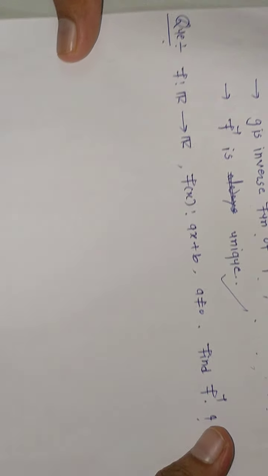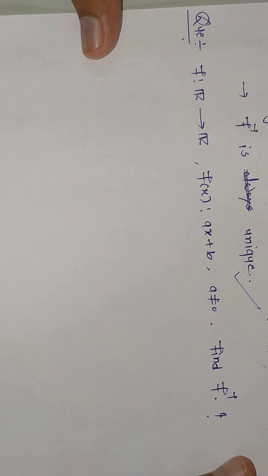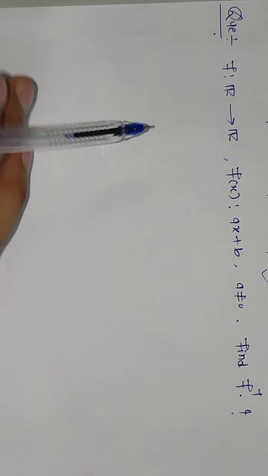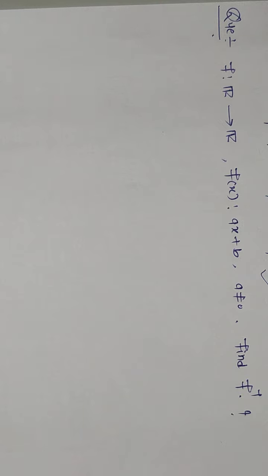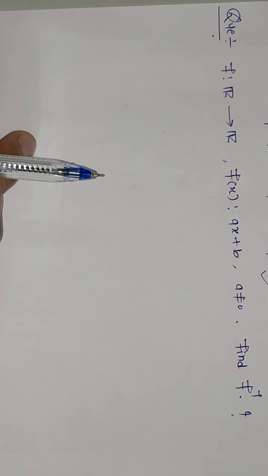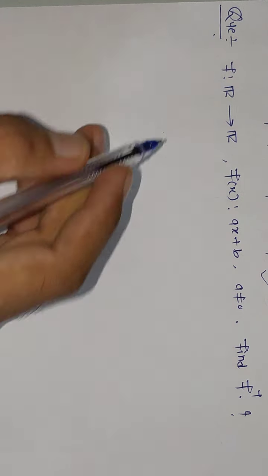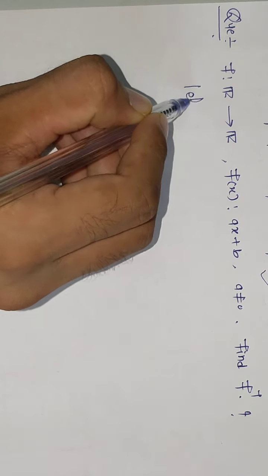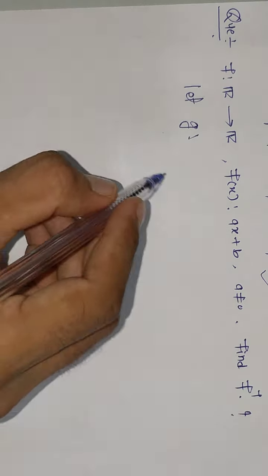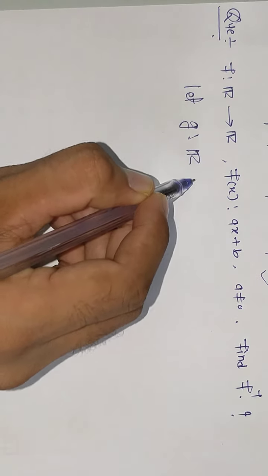Okay, now the question is how we find the inverse of a function. To find the inverse of a function, the function must be one-one and onto, but we are approaching it through the definition that f∘g and g∘f must be identity. So let g be from, just invert the places, but they are R to R, so no change.